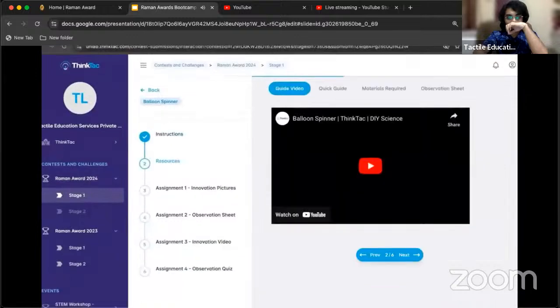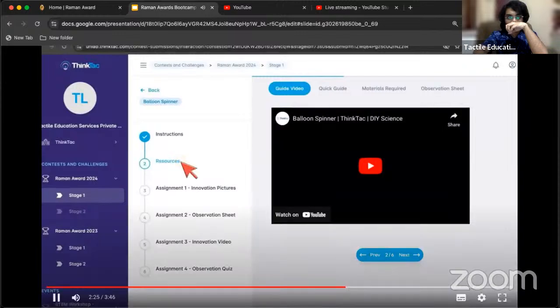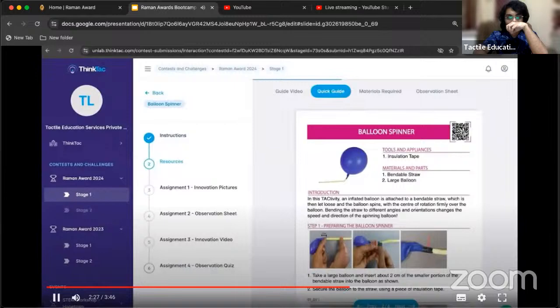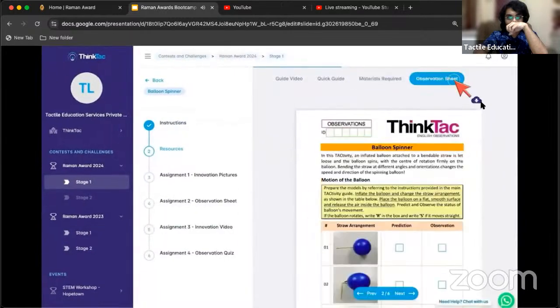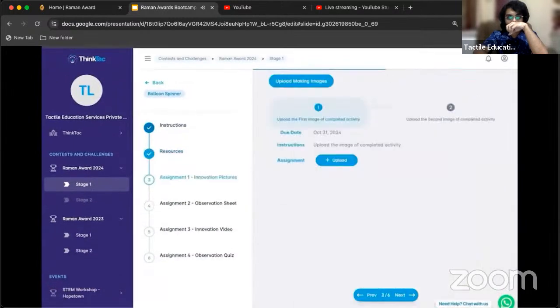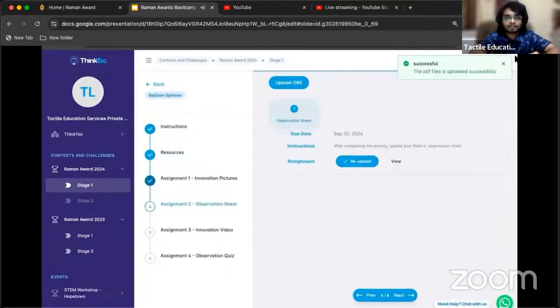First, view and understand the activity assigned to your category by navigating to the Resources step. Then, take 2 pictures of your completed activity from 2 different angles, with you present in the picture. That is, your face has to be visible. Submit these images as shown in these screenshots.